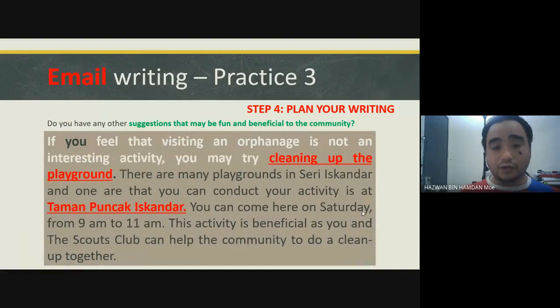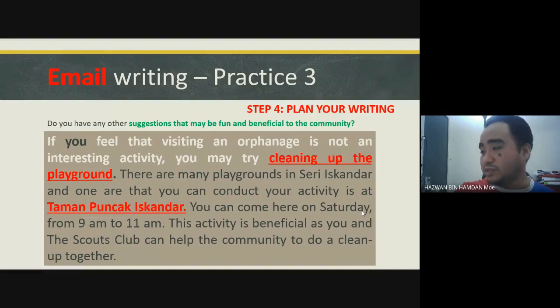So this is how we merge from sentences point tadi dijadikan dia di ayat. If you feel that visiting an orphanage is not an interesting activity, you may try cleaning up the playground. There are many playgrounds in Sri Iskandar, and one area that you can conduct your activity is at Taman Puncak Iskandar.